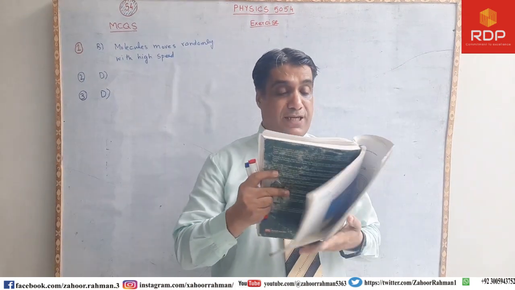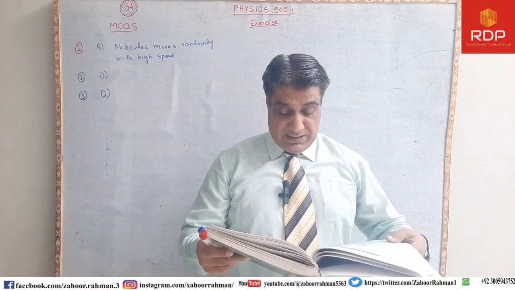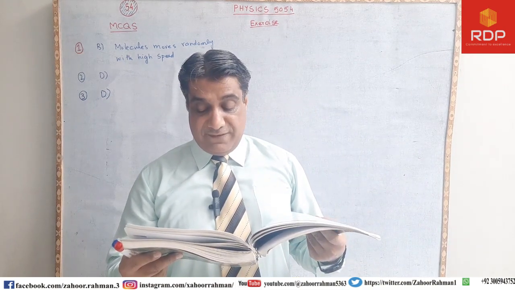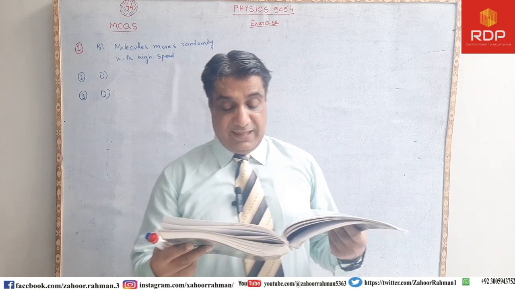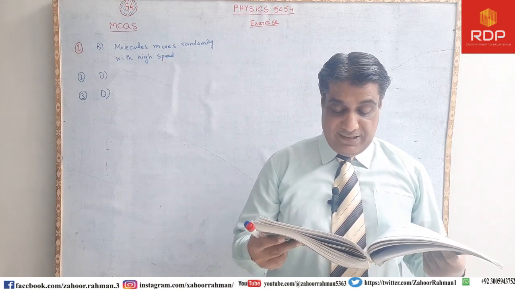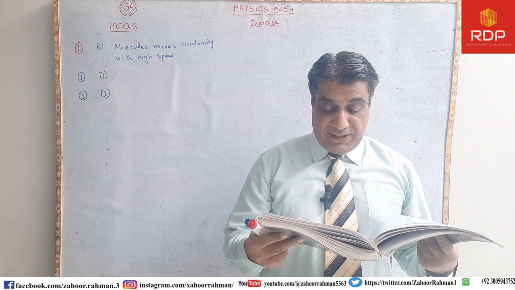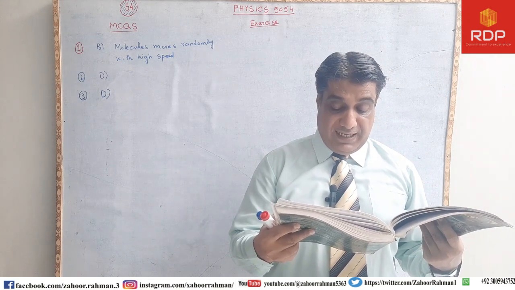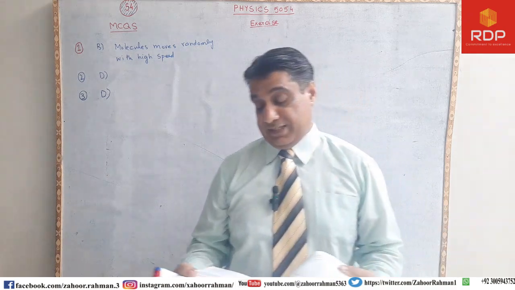The first one is gas molecules colliding with each other at high speed. That is not it. Bombardment of the gas molecules on the wall of the container. Yes, it is correct.